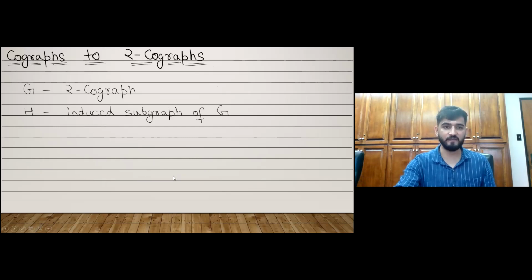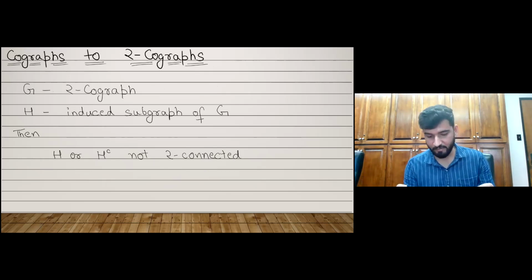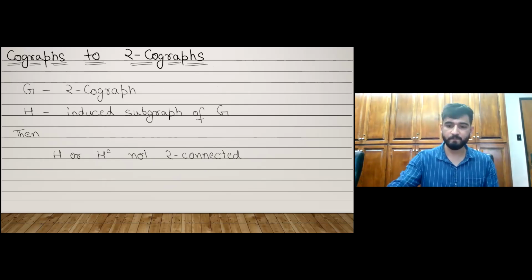And the answer is yes. So G is a two-cograph if and only if for every induced subgraph you pick, either the induced subgraph or its complement is not 2-connected. That's another definition of two-cographs. Okay, any questions about the definitions? All right.